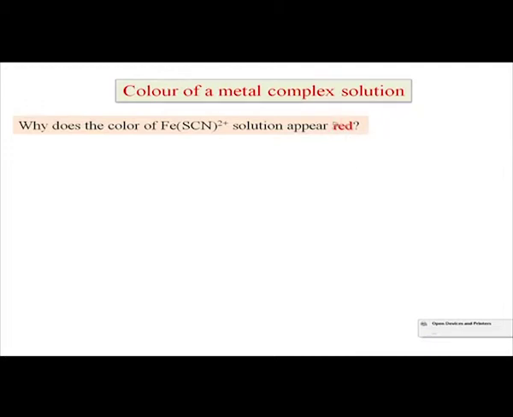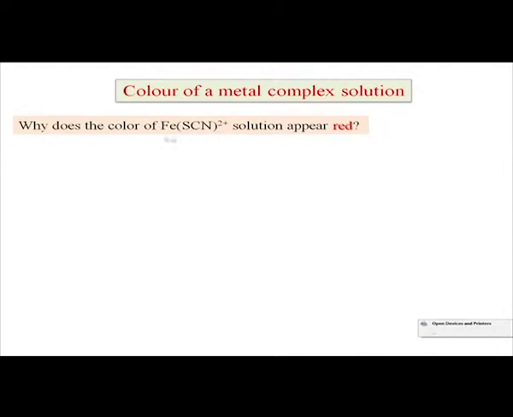You should also know the color intensity, how much red it is, which will depend on the species responsible for the absorption. We should also know how to monitor the absorption pattern, or absorption spectroscopy, which we call electronic absorption spectroscopy, related to the species forming in solution as FeSCN2 plus.